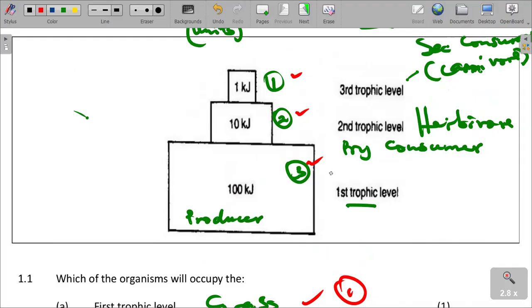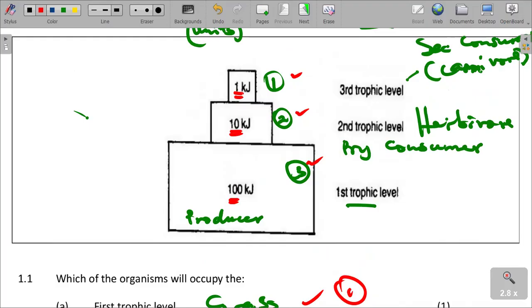So what we need to look at is that we are seeing energy is decreasing anyway. It's 100, it goes to 10, it goes to 1. So on average, we can see that there is a decrease in energy.